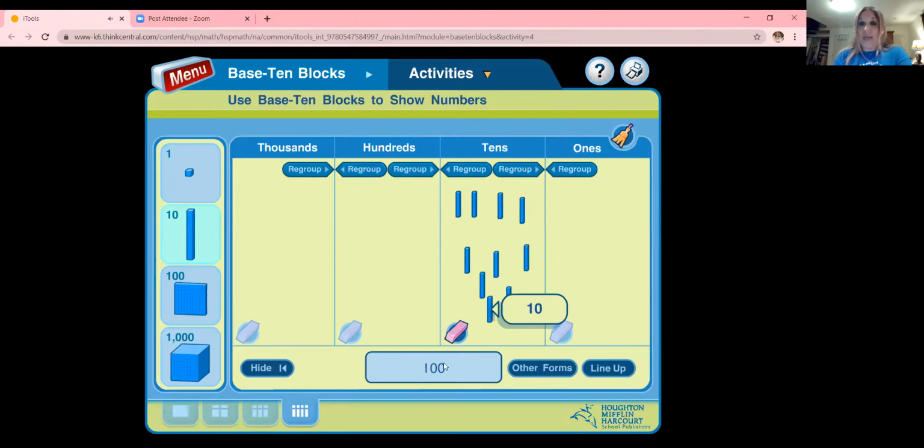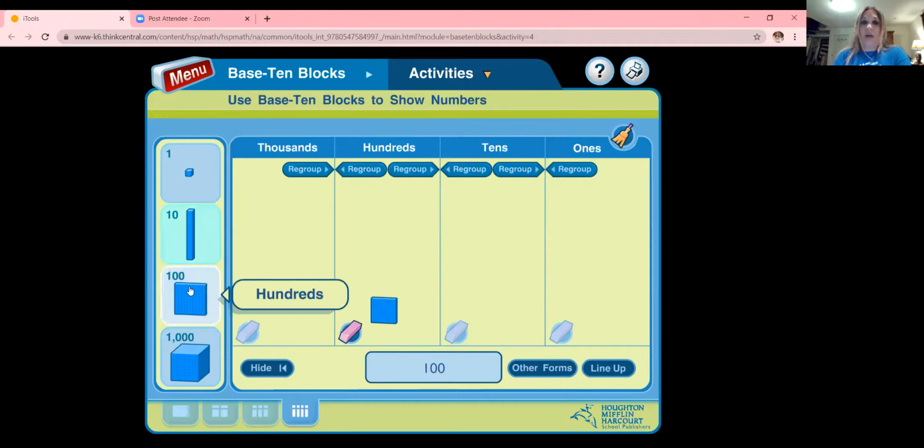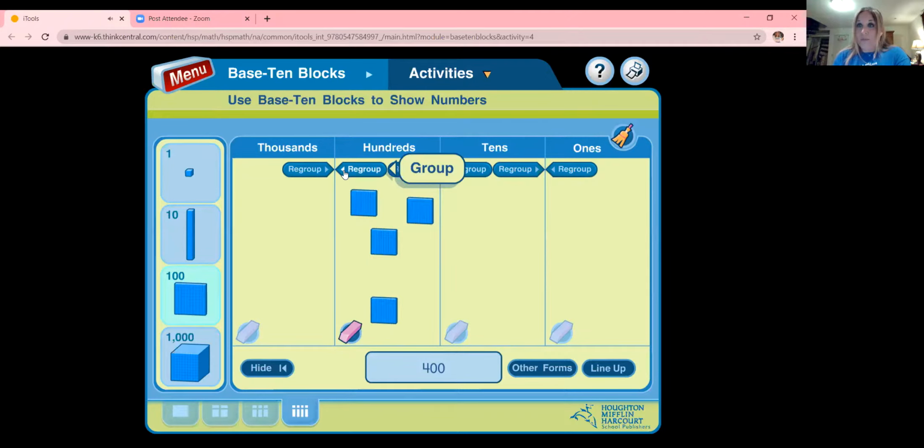And if you lose count down here, it tells you how many 10s you've placed into the box. I'm going to press regroup. And there they go. They made a flat. If I added 10 flats by pressing on the hundreds button, and after I pressed regroup, what would happen? Yes, it would give me 1,000.